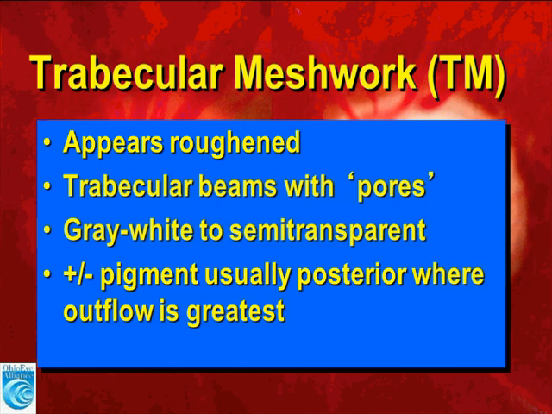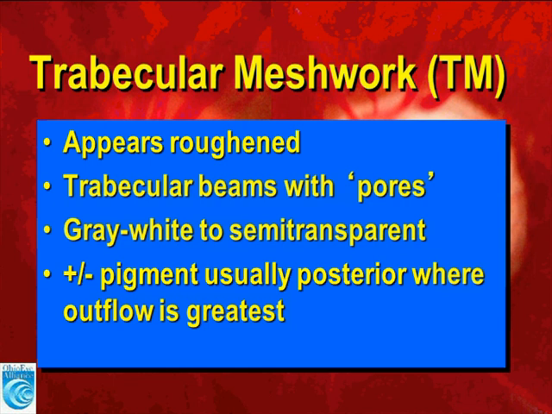Another image, this time through one of the nasal or temporal mirrors of the gonio lens, and in this case you can see Schwalbe's line, which is the termination again of cornea, identified by the wedge. Trabecular meshwork is the next structure that we encounter when we go posterior to Schwalbe's line.